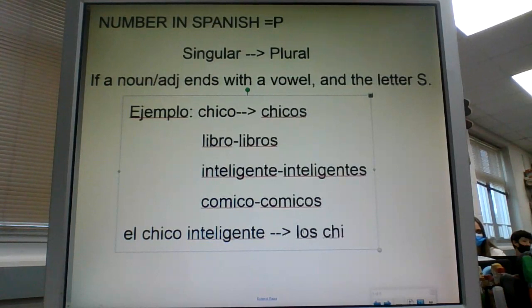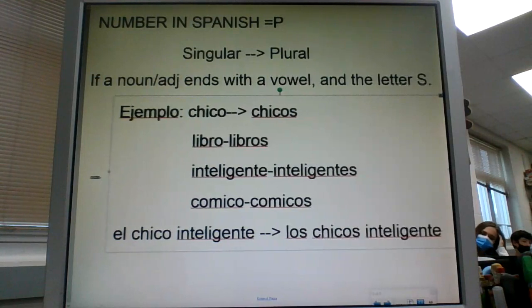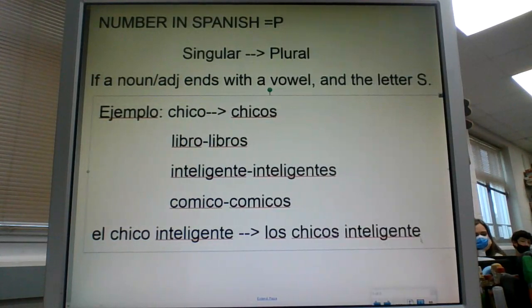Okay, and then what do we say about chico? Chico goes to chicos, and then inteligente. That's another thing English speakers struggle with, is that not just everything else has to go plural, but also your adjective as well. So how do I make inteligente plural?